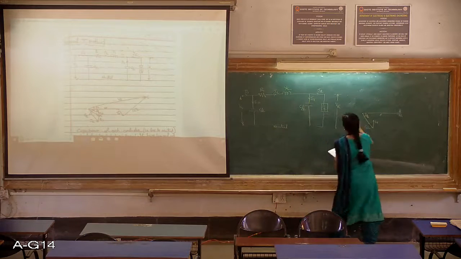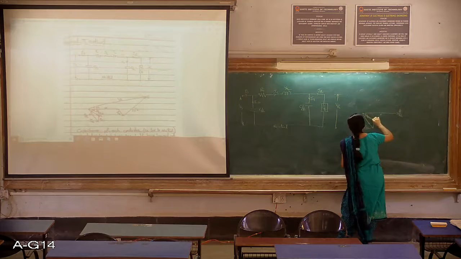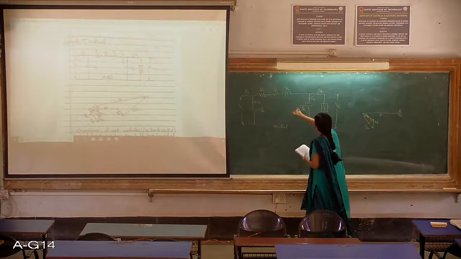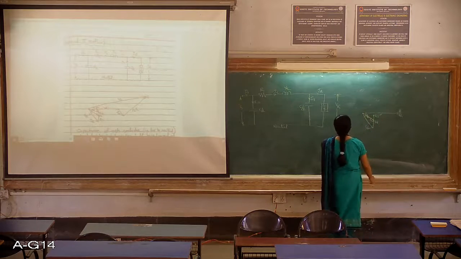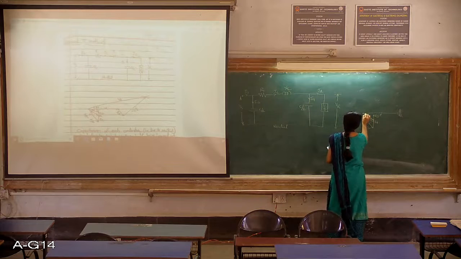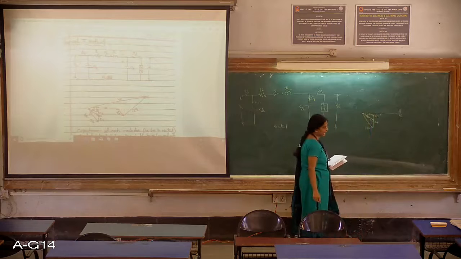The resultant of IR and IC1 should be the load current IL, which is flowing. Then I have another leading current IC2, and the resultant of this is IS.